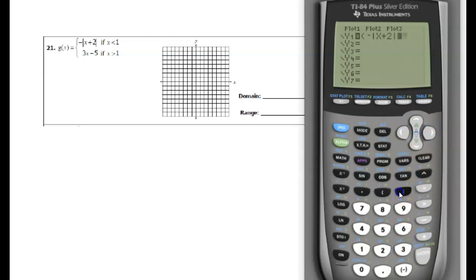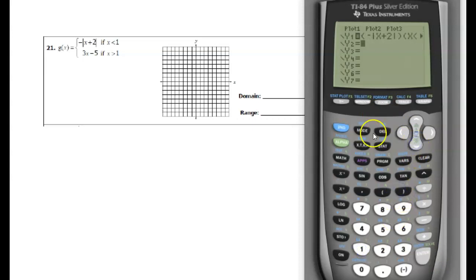Then I end the parentheses and I do the conditions. Well, if x is less than 1, I'm going to hit x, and then I do second math to go to my logic keys. Then I'll go down to less than, 1, and I'll end my parentheses.